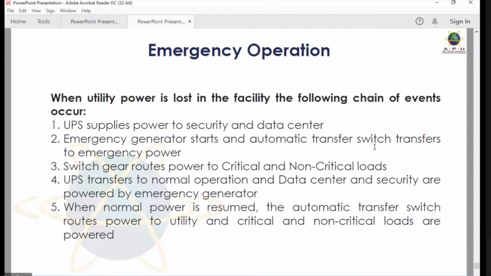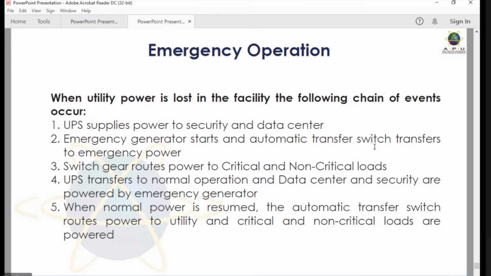Okay, and HVACs, okay, it's not quite sure if they do provide it for HVACs and all these things. And UPS transfers to normal operation and data center and security are powered by the emergency generator.